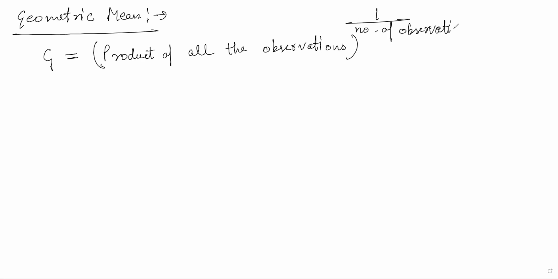That's the basic formula for geometric mean. Product of all the observations to the power 1 upon number of observations.